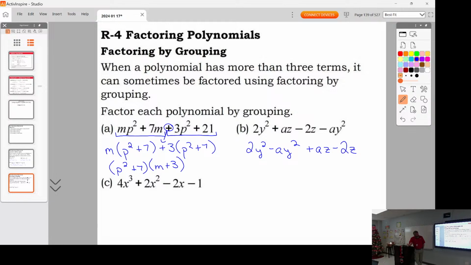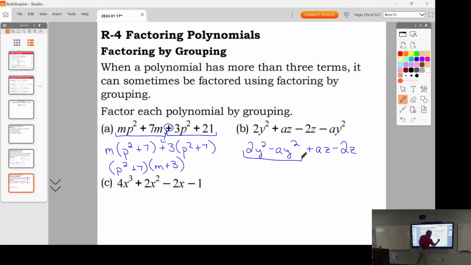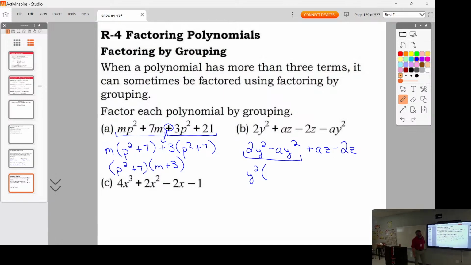Alrighty. So if I was to look at the first 2 terms, do they have anything in common? Okay. Factor out y squared, what's left? Okay.